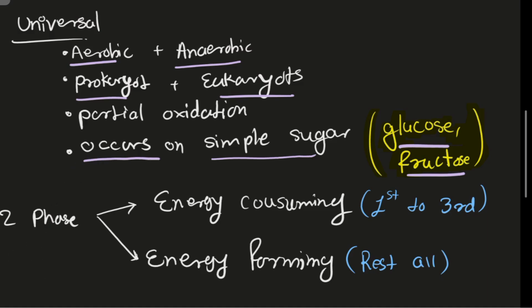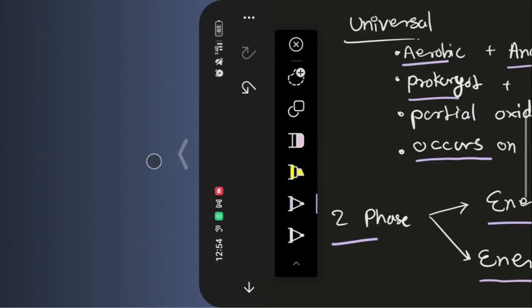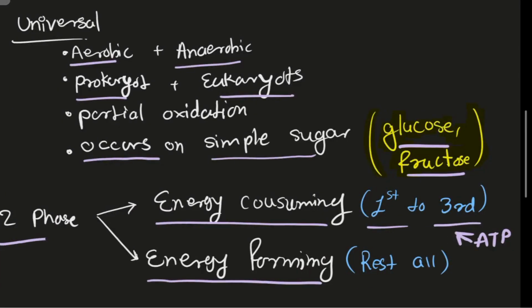This glycolysis process has two phases. First is the energy consuming phase and second is the energy forming or payoff phase. So the first to third steps are energy consuming, where we give ATPs, and in the rest we get ATPs as a byproduct.